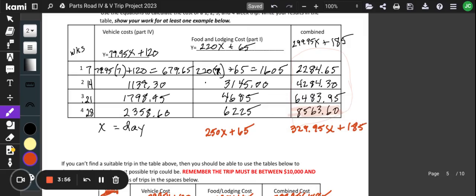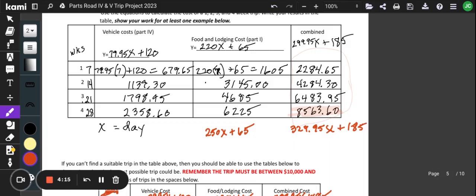Okay, so let's see if that works. 329.95 times, I'm going to say 31 still. Oh yeah, that's going to get us in. It's going to get us in.